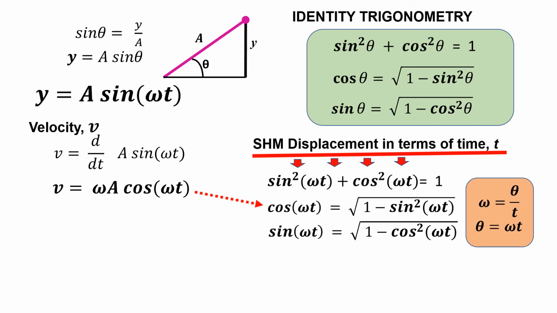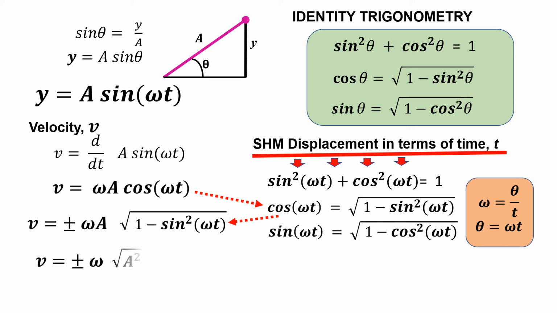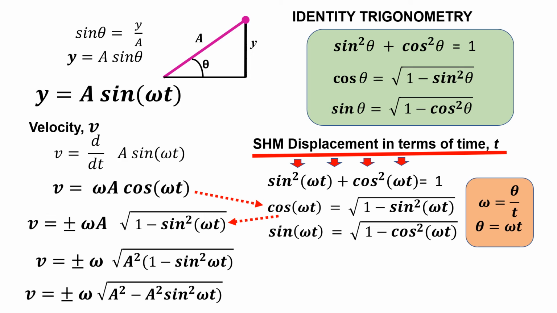Then equation v tu, cos omega t kita substitute dengan nilai square root 1 minus sin square omega t. Kita akan dapat v is equal to plus minus omega square root A square tolak A square sin square omega t.